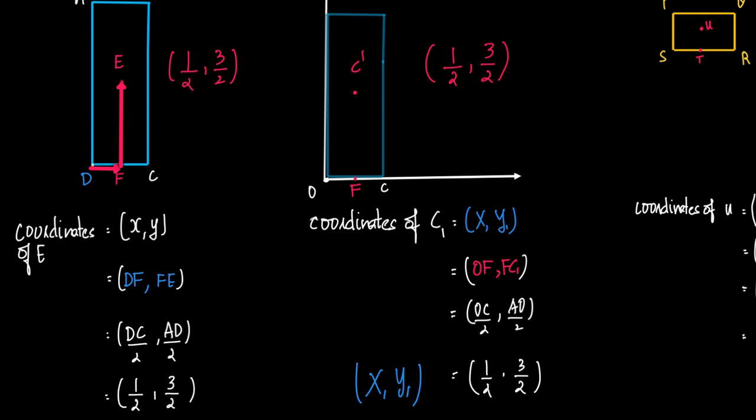Coordinate of y is FE. Coordinate of y1 is FC1, which is again equal to OA by 2, and OF will be equal to OC by 2, and since OC and AO are equal to DC and AD, we get the same answer, which is 1 by 2 comma 3 by 2, which is not the case with the second figure.